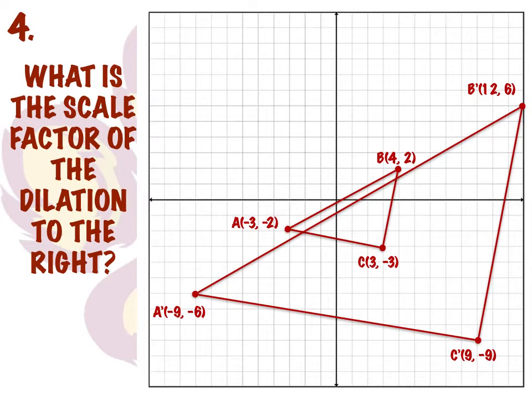And number 4, what is the scale factor of the dilation to the right? Hint on this one, you have to use the ordered pairs. You can't count the side lengths when they're diagonal.